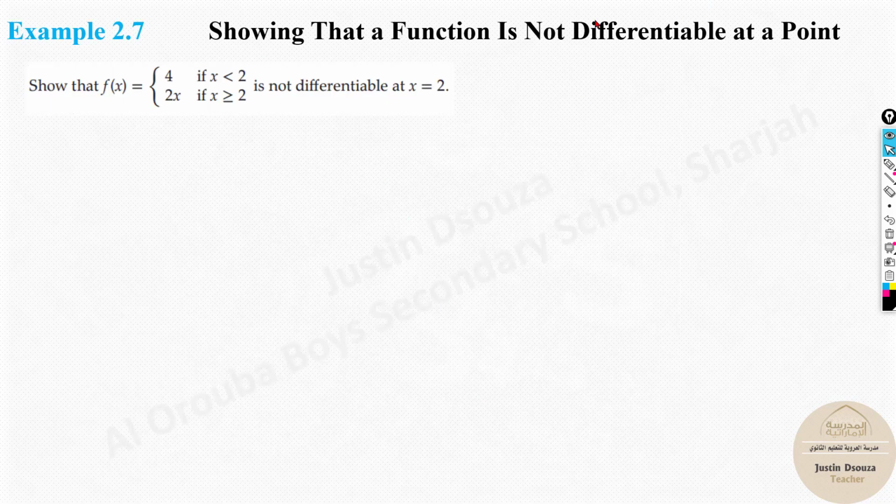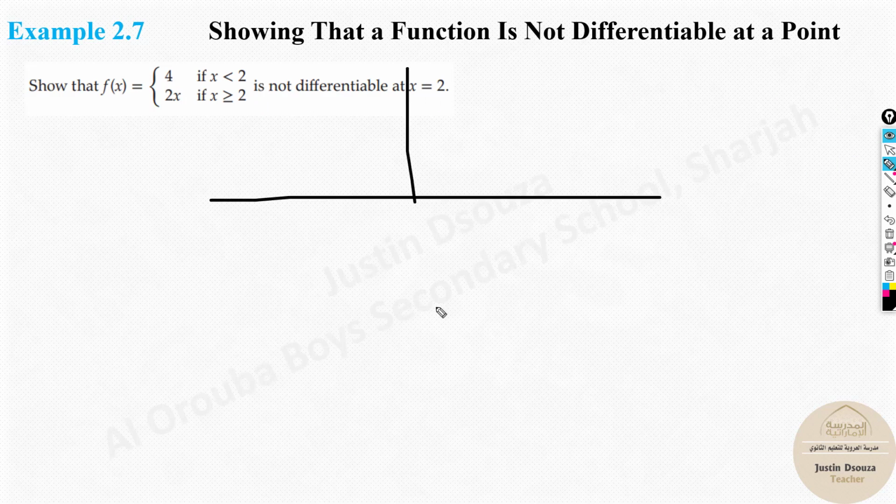Now over here, this is a piecewise equation. We have two functions here. Let's graph this. Imagine the graph, x is 2 over here. This is the point we are dealing with, x equals 2. Whenever the x value is less than 2, it is 4. It's a constant line.